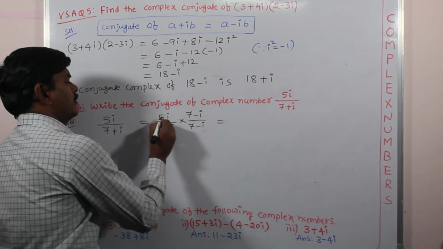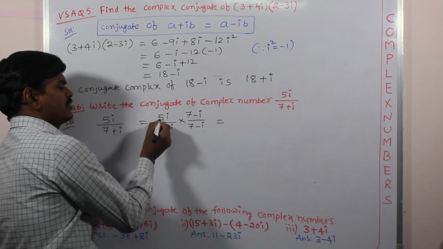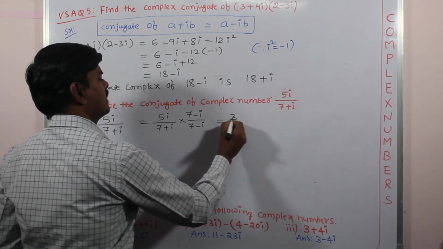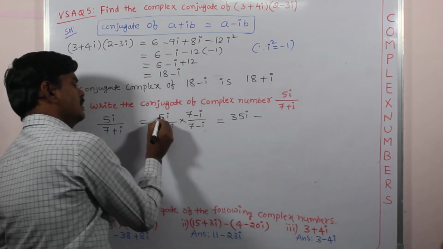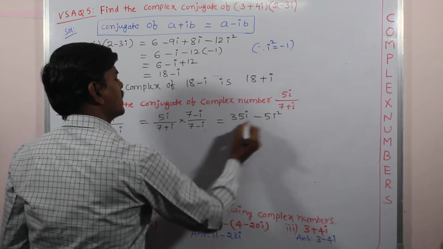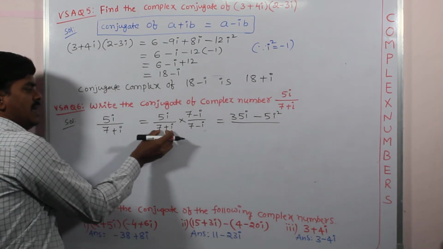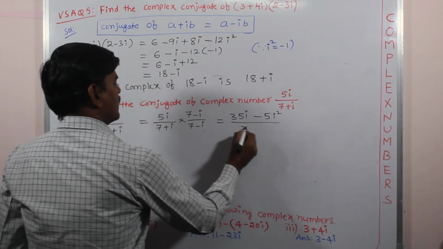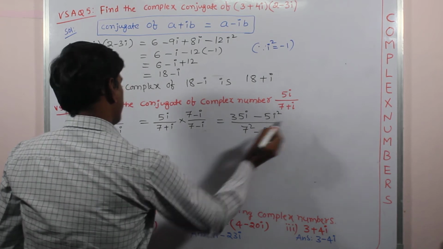So now normal multiplication: 5 iota into 7, 35 iota, minus 5 iota into iota, 5 iota square, whole divided by a plus b into a minus b formula, a square minus b square.